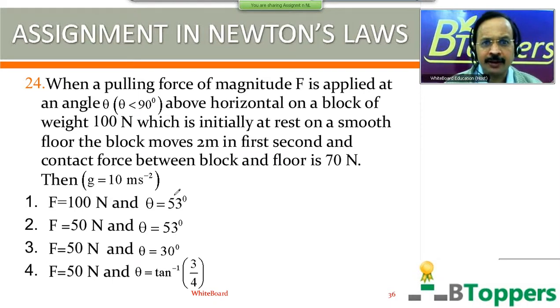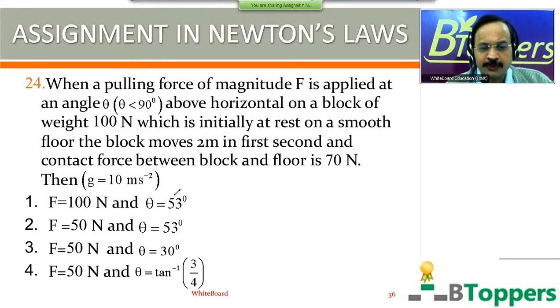So when the block is resting on a smooth horizontal floor, the magnitude of the contact force between the block and the floor means the same as the magnitude of the normal reaction force on the block by the floor.